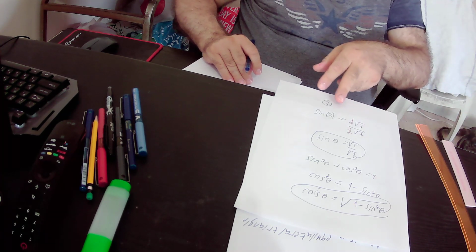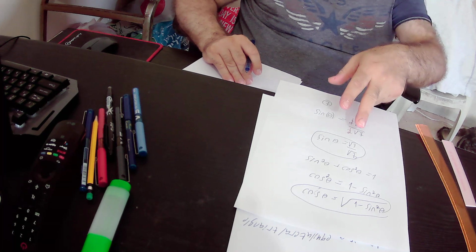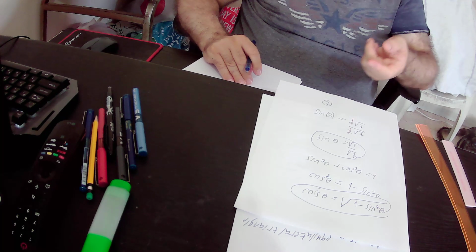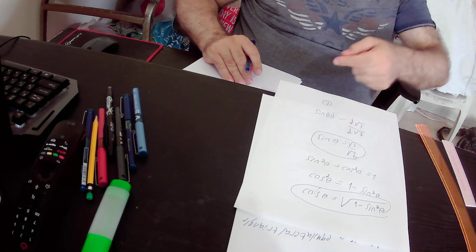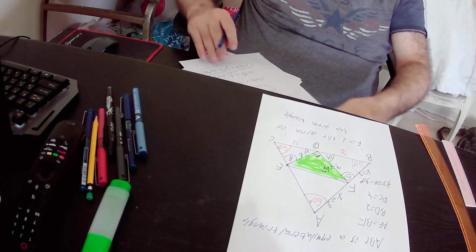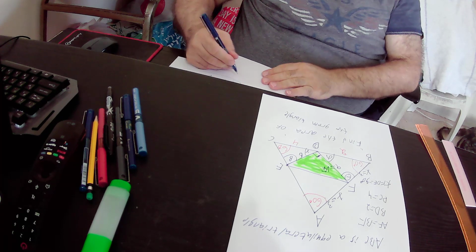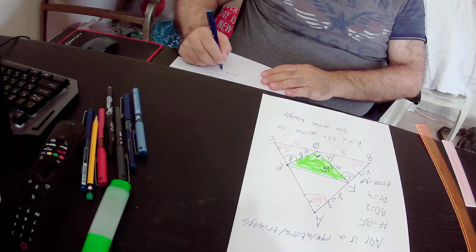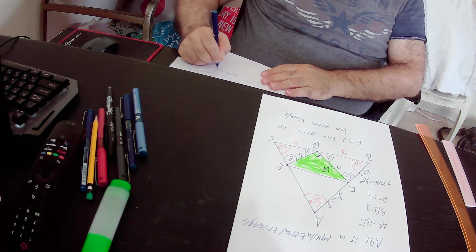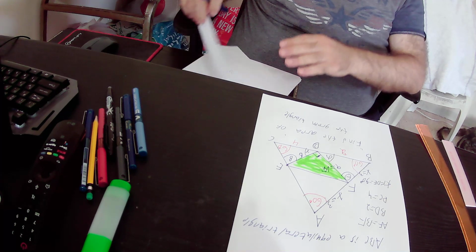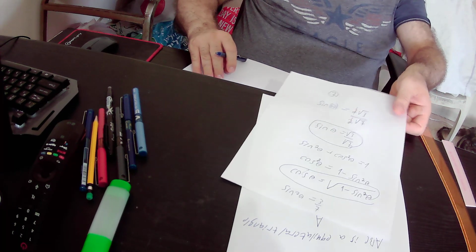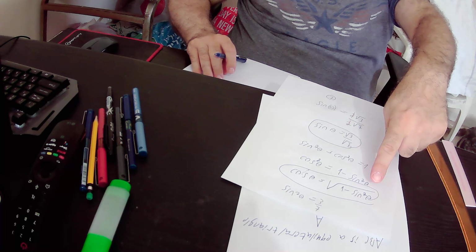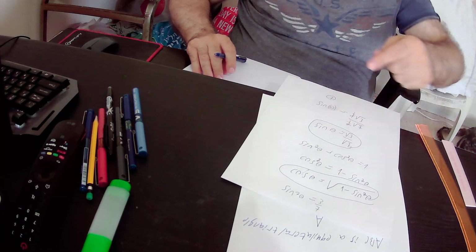But we know that sinus theta equals root 3 over root 7, so sinus theta squared will be equal to 3 over 7. So we can substitute sinus theta squared by 3 over 7.